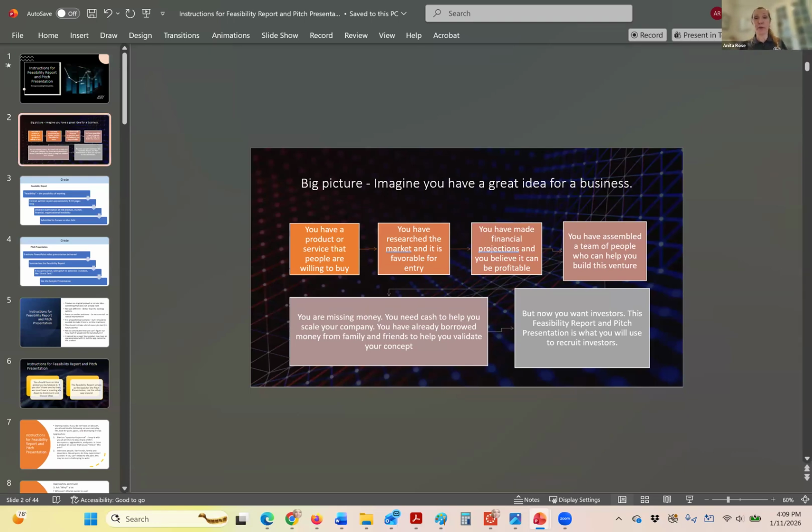So what you want to do is think about if you have a great idea for a business. If not, what can you do to come up with some ideas for a business? Now we're going to be going through all of this information in the modules as we go along. And then we'll have some other spicy things going on as well. And you'll have AI to offer some assistance as well.